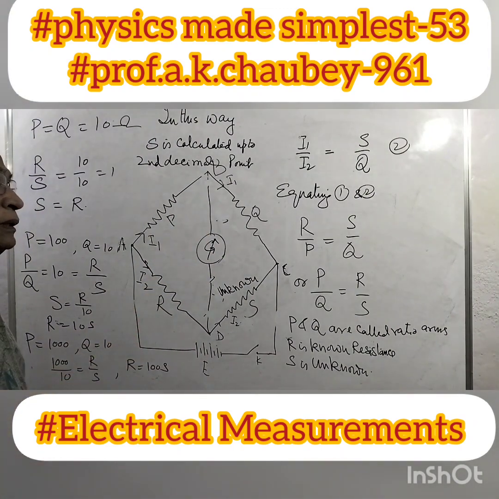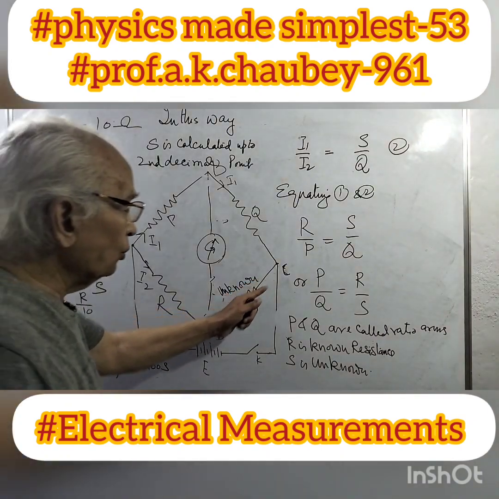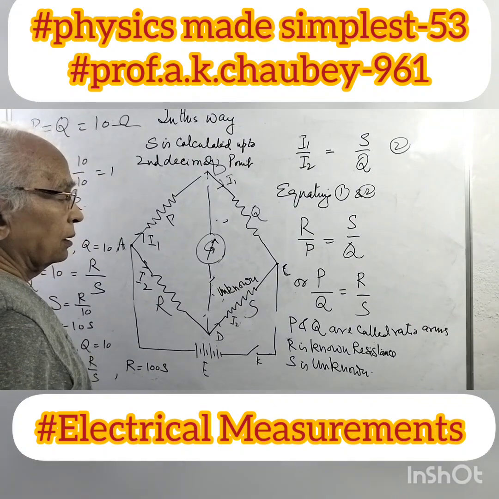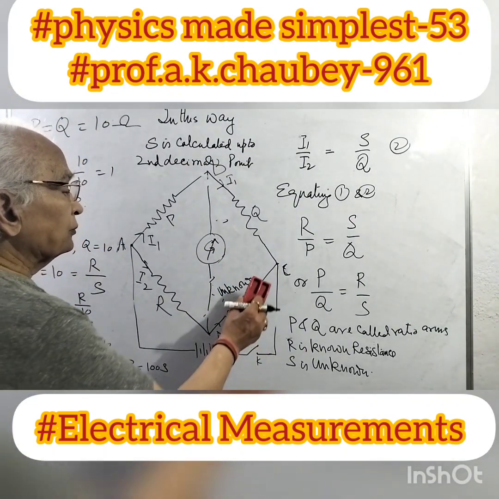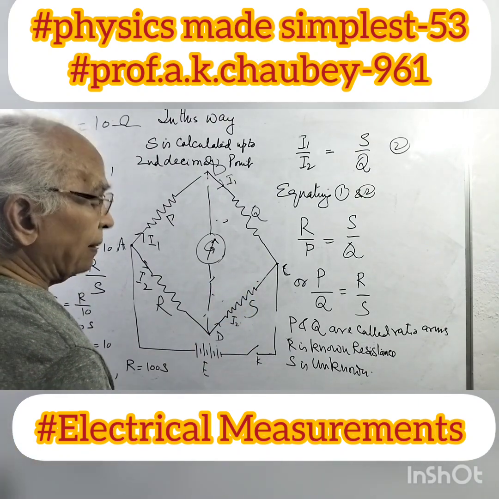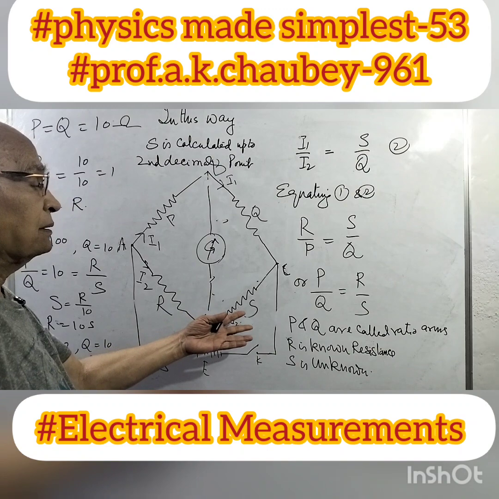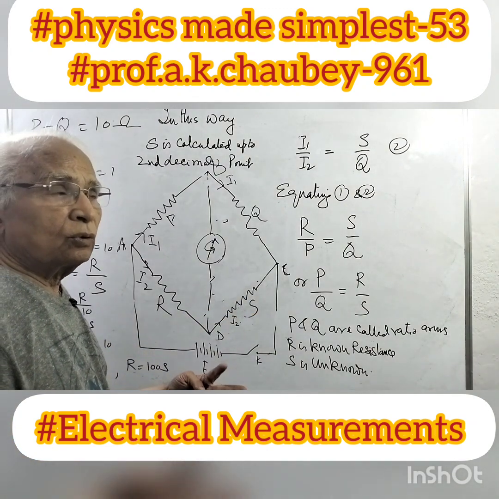So Wheatstone's bridge is very good to get an unknown resistance like this. This is also used in the laboratory. We do the experiment to get the value of S, and then by measuring the radius, if it is a wire, we get the specific resistance also.